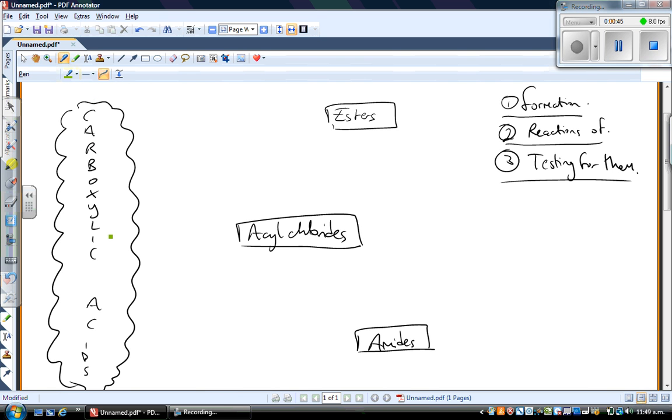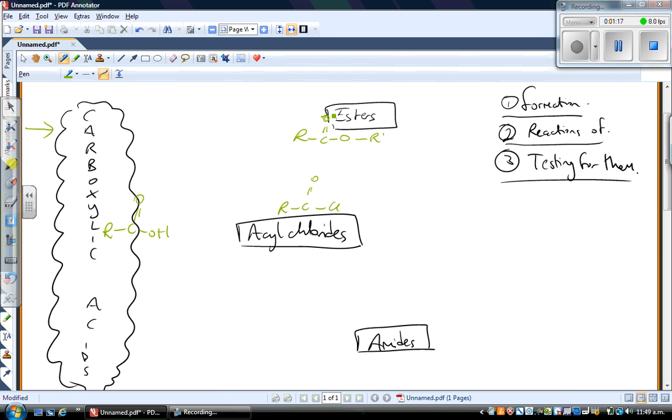So with carboxylic acids and the links with these other families, like we always do with these schemes, we identify the functional groups first of all. We're starting off with carboxylic acids. Remember, our carboxylic acid would have come from the complete oxidation of a primary alcohol, and then you end up with the carboxylic acid functional group. Acyl chlorides, the functional group is a double bonded carbon to a chlorine. Esters, it's a double bonded carbon, then a single bond to an oxygen, then the rest of the molecule.